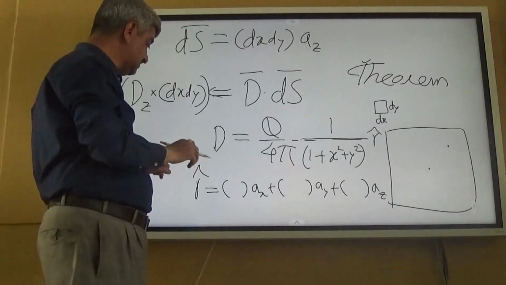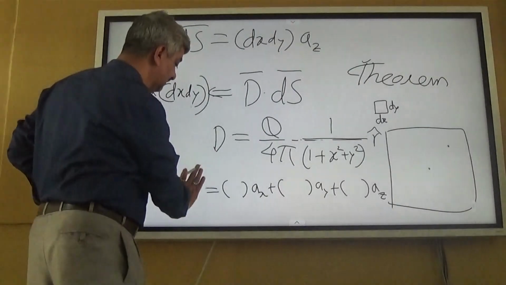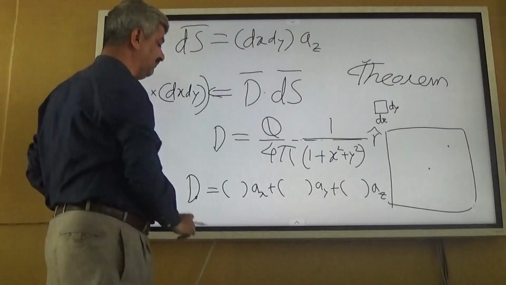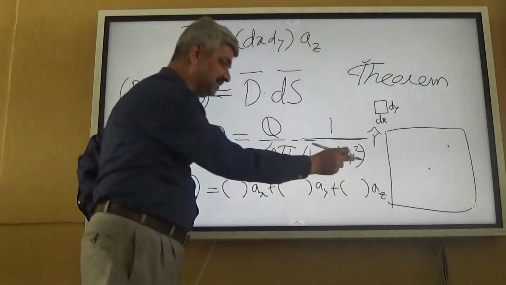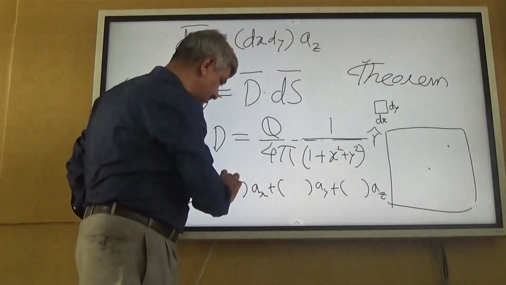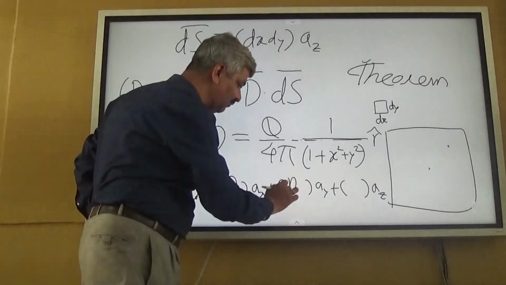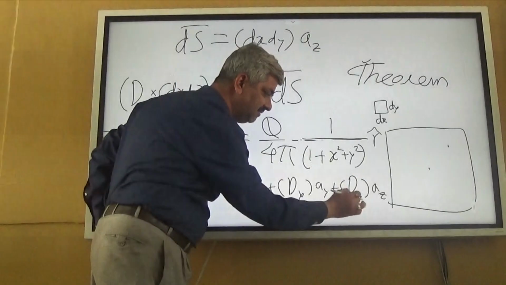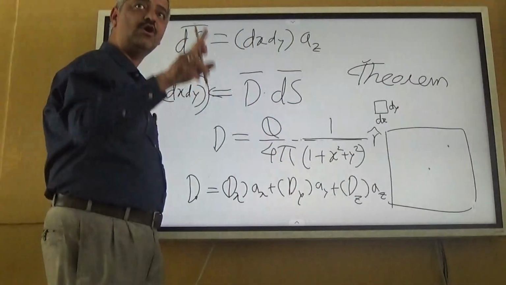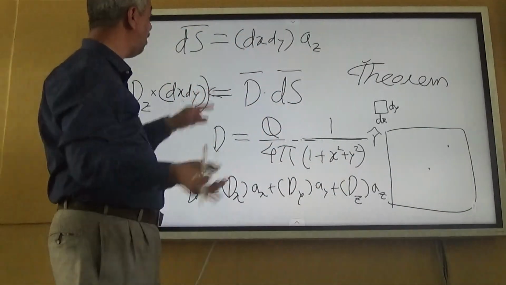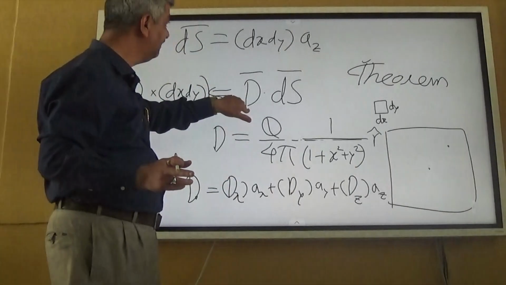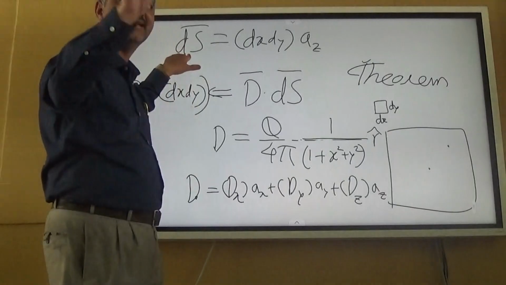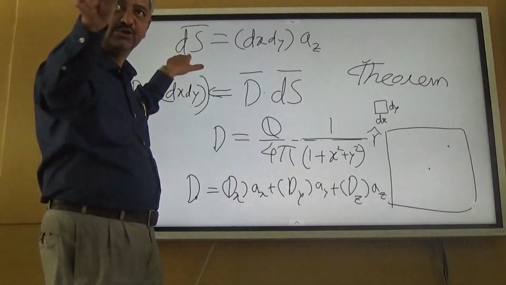Right? What is D vector? D vector will be something into ax plus something into ay plus something into az. So Dx, Dy and Dz. So in the dot product of ds and D, this ds is not having ax, ay, both are 0.